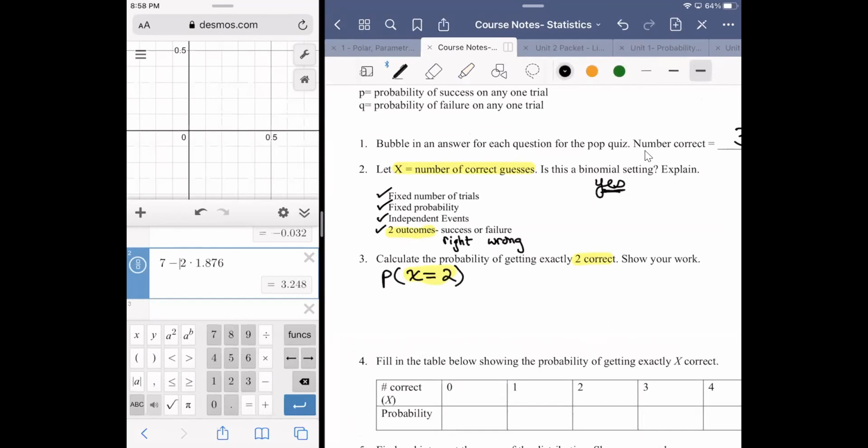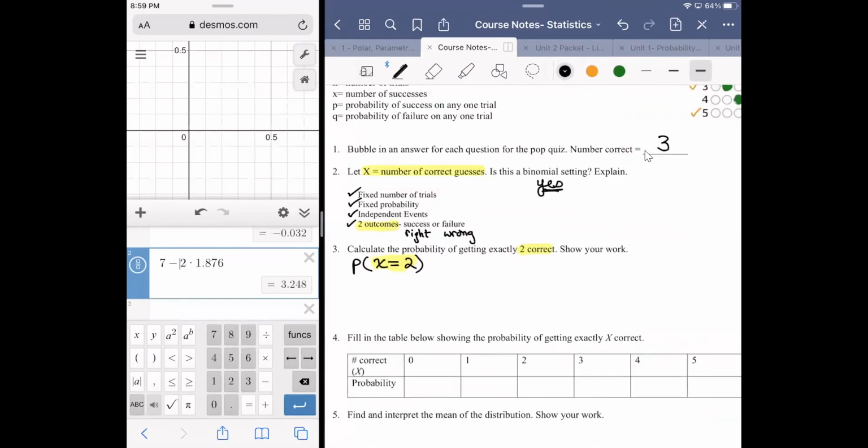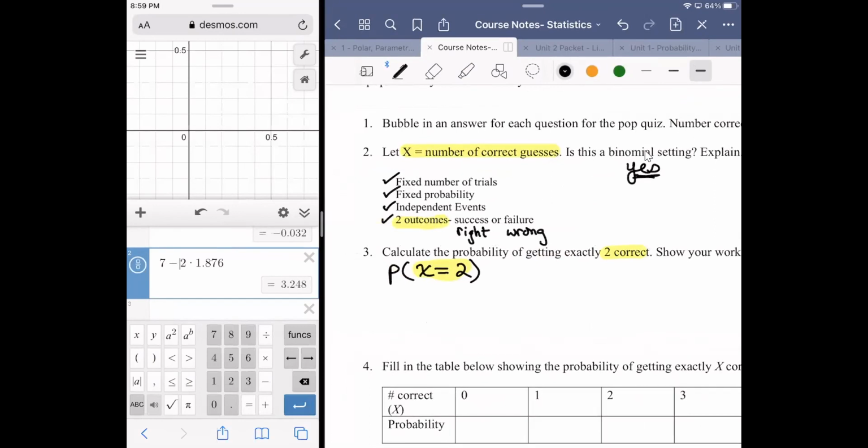It's possible, because there were 5 questions, that I can get 2 questions right in a variety of different ways. So I could be looking at, maybe I got the first 2 questions right. So I'll say correct, correct. And then the remaining questions were incorrect. Maybe I got the second and third questions right.